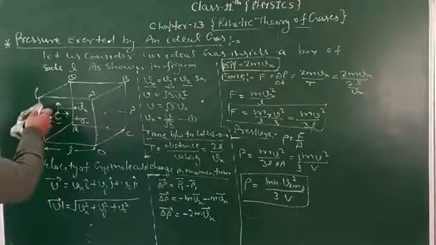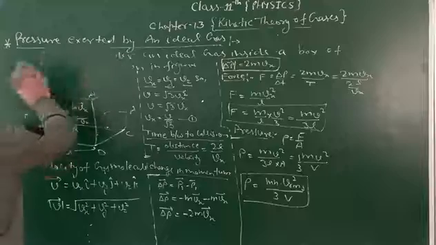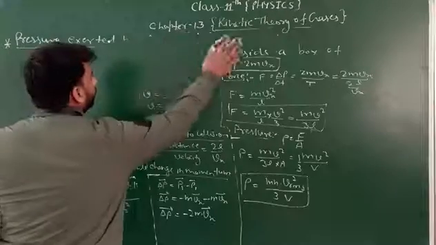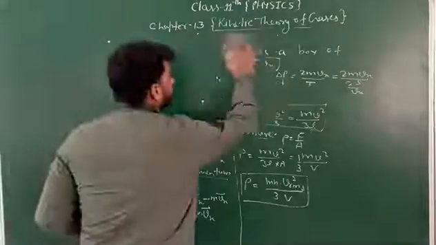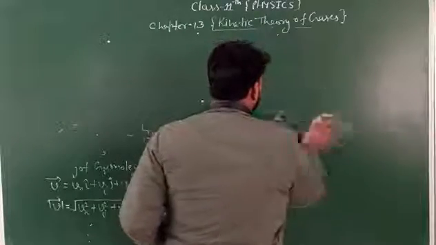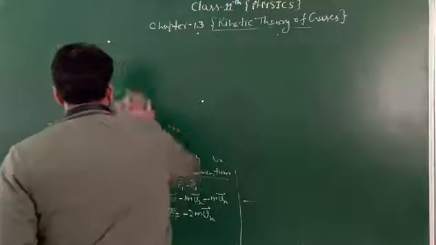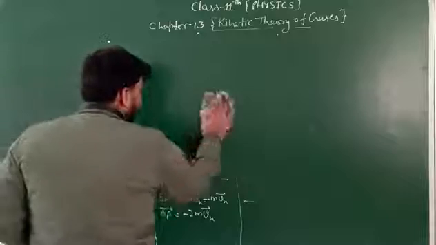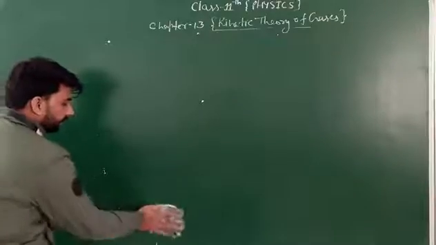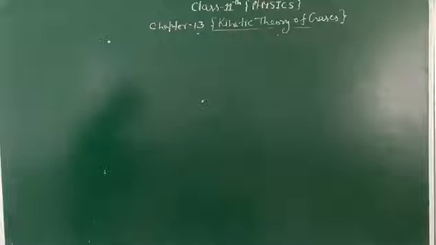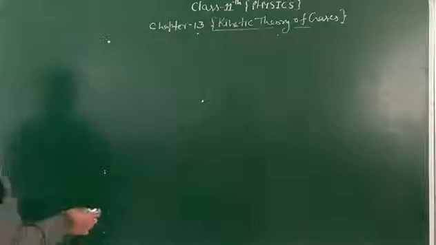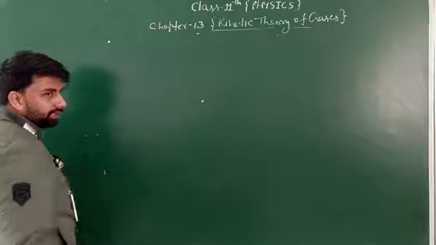Now we start to calculate the kinetic energy. So what is the kinetic energy? As we know that according to the assumptions of kinetic theory of gases, the molecules of gas have only random motion, and the motion of gas molecules is translational motion.